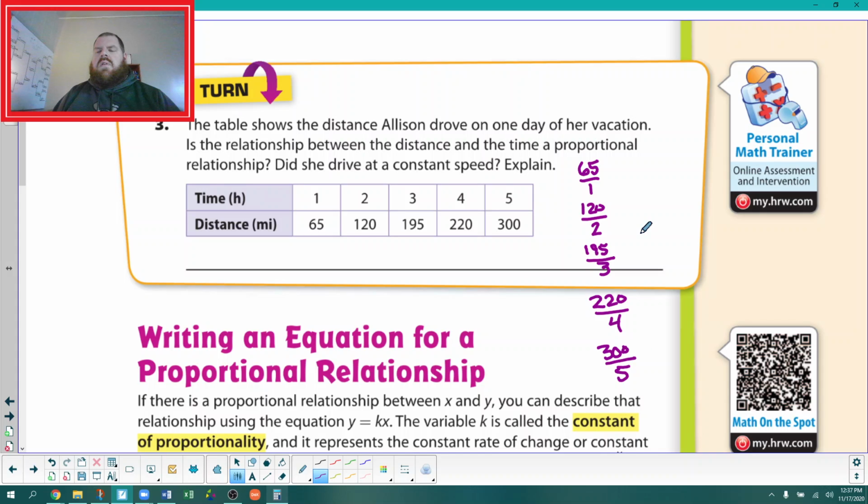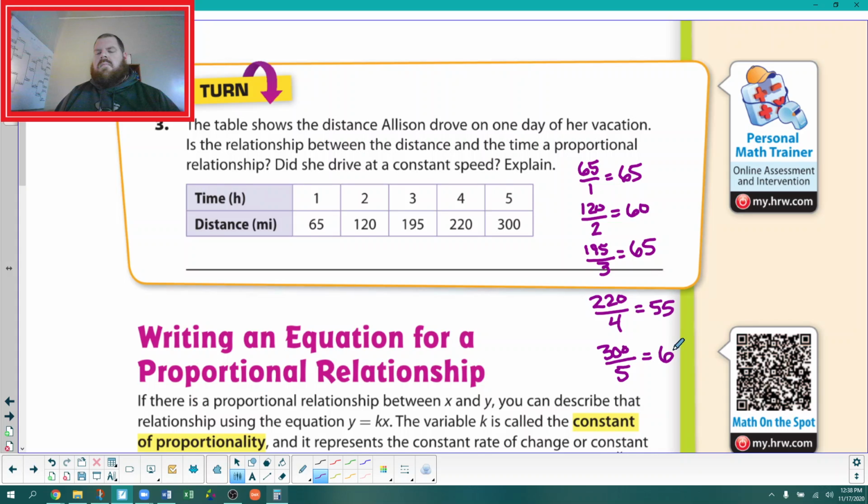And when I do that division, so the next step would be to actually divide these. I get 65, 60, I think 65 again, and then 55, and then 60 again.